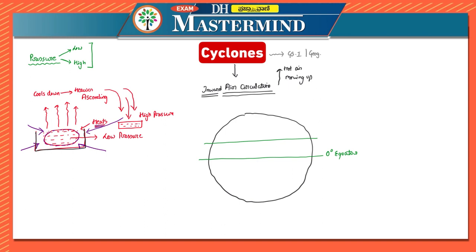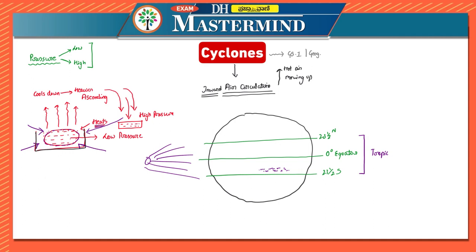Now there is the Tropic of Cancer and the Tropic of Capricorn, 23.5 degree north and 23.5 degree south. Now let us consider there to be an ocean over here, as an example. Because this is the tropic region, correct? Now what is the tropic region? It is where sunlight is directly falling, and hence it is the tropic region.